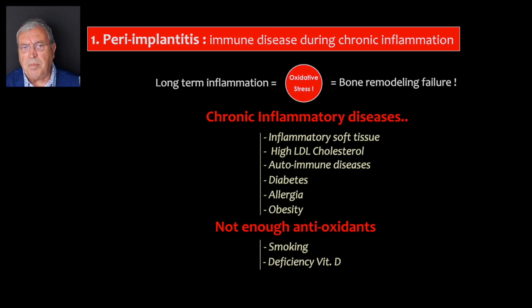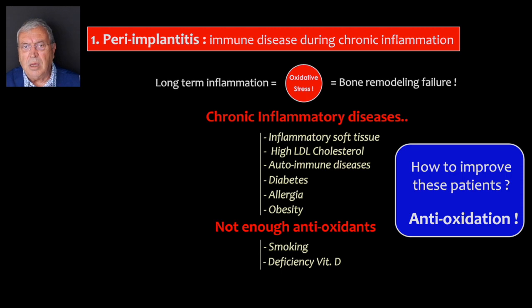But if he's diabetic, you cannot change. If he is allergic, you cannot change. How to improve? Even the smoker, by antioxidation. You can enhance the immune system of this patient by antioxidation. Immune force today is the best way.